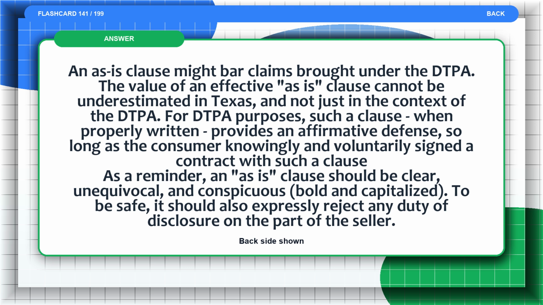For DTPA purposes, such a clause, when properly written, provides an affirmative defense, so long as the consumer knowingly and voluntarily signed a contract with such a clause. As a reminder, an as-is clause should be clear, unequivocal, and conspicuous, bold and capitalized. To be safe, it should also expressly reject any duty of disclosure on the part of the seller.